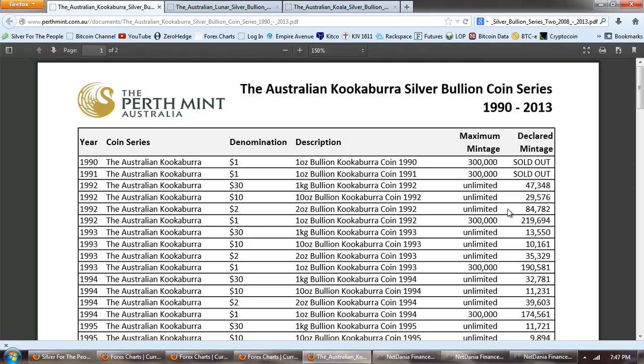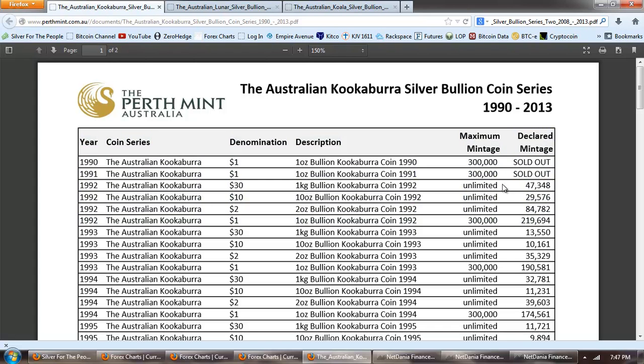Then in 1992 they offered the 10 ounce and the kilogram and the 2 ounce, and you can see that the 300,000 maximum mintage was not reached in that year. They only minted 219,000. That's how many were ordered.